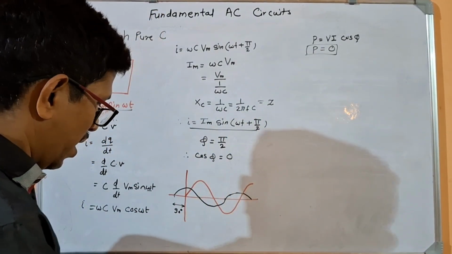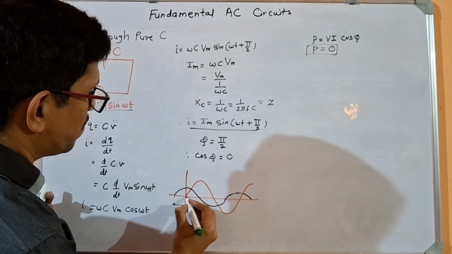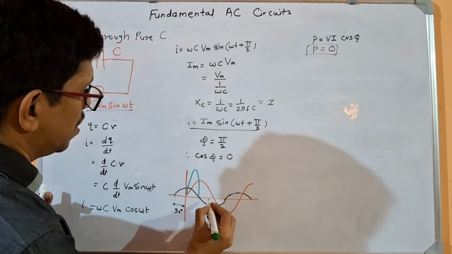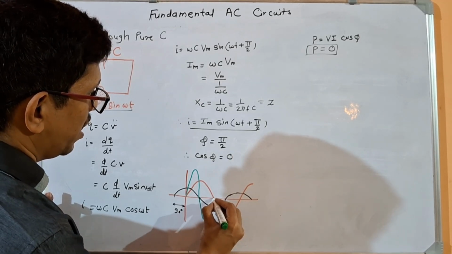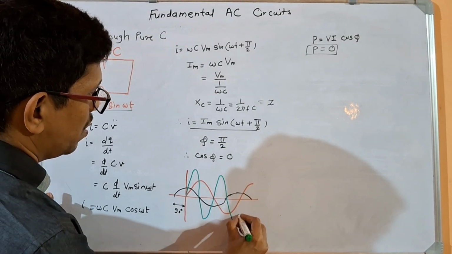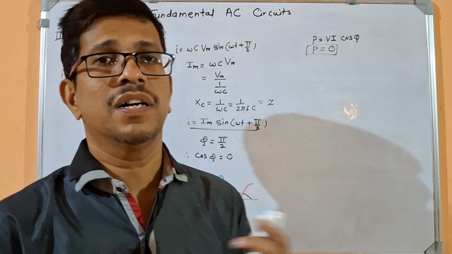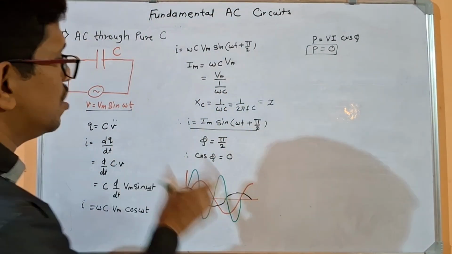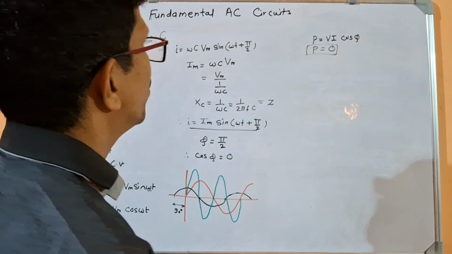Or here also I can show graphically, using the waveforms: positive times positive is positive power, positive times negative is negative power, negative times negative is positive power, again positive times negative is negative power. So power is fluctuating between the capacitor and the source. It never consumes power, it is just storing it for a certain duration.